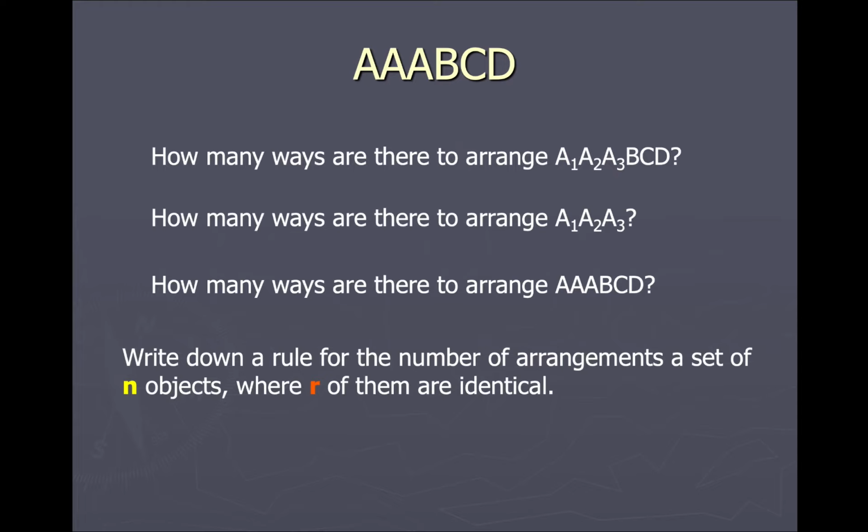Stop the video and try and work it out. The answer is n factorial divided by R factorial: how many ways there are of arranging n objects divided by how many ways there are of arranging the identical objects.